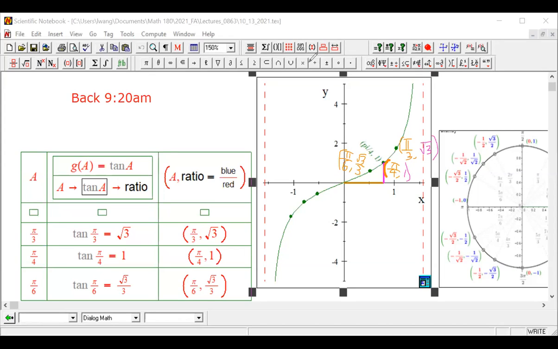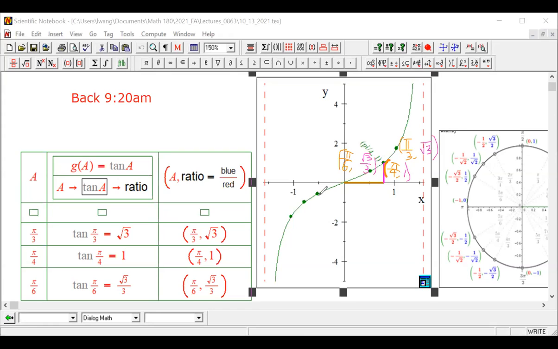Oh, orange, I'm sorry, wrong color. √3 over 3, purple.